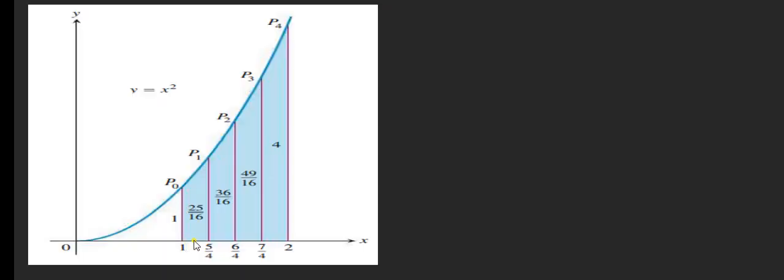So this is basically what we did. We got 4 trapezoids from 1 to 2, and we got the area of each trapezoid, and we added up all the areas in order to estimate the integral of f of x from 1 to 2.